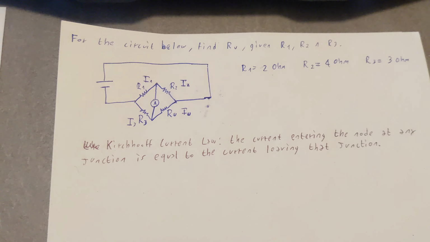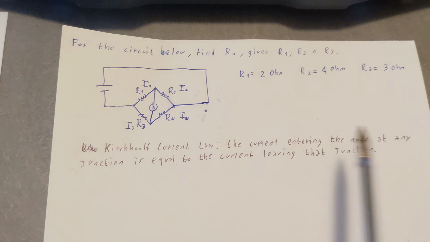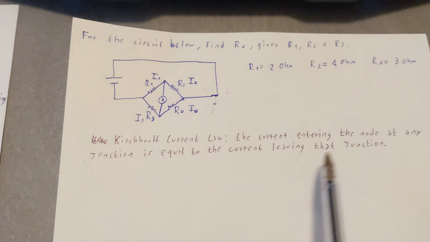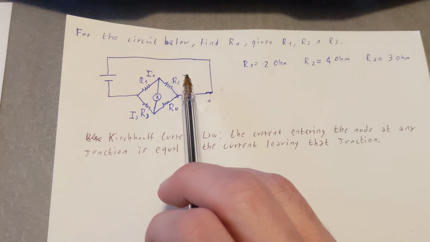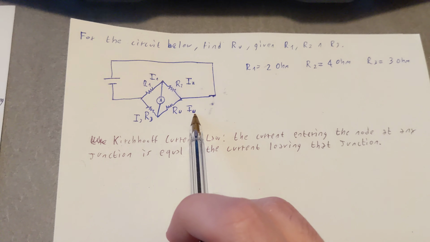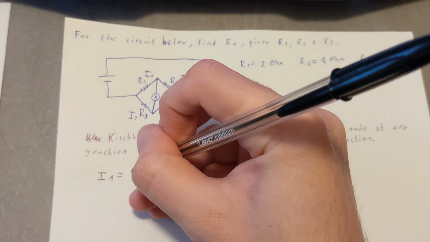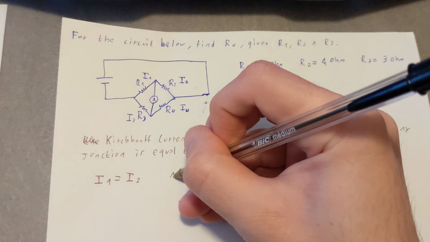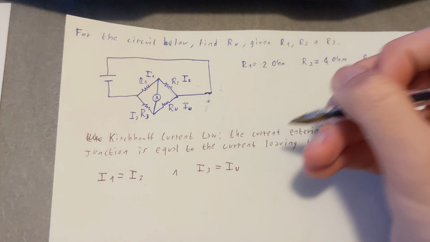Since the current entering a node at any junction is equal to the current leaving that junction, we can easily write I1 in terms of I2 and I3 in terms of IU. So it basically says that I1 is equal to I2 and that I3 is equal to IU.